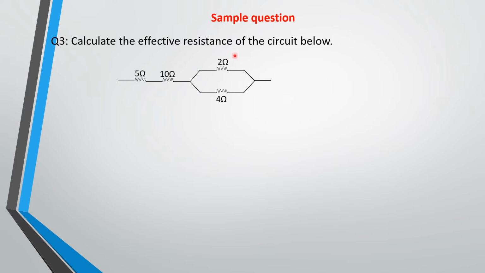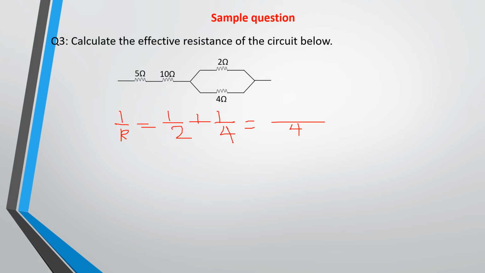So if you consider these resistors that are in parallel, their overall resistance is 1 over R equals 1 over 2 plus 1 over 4. So when you work that out, you are going to have 4 as your LCM.